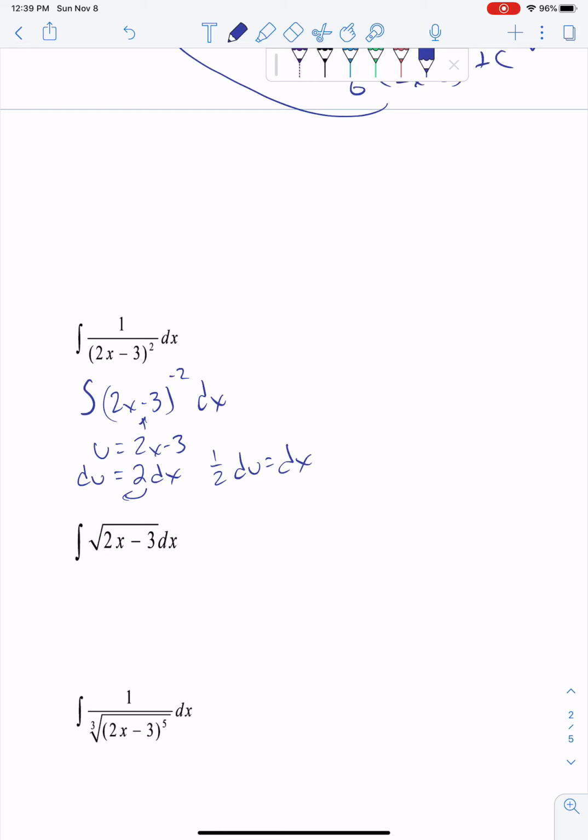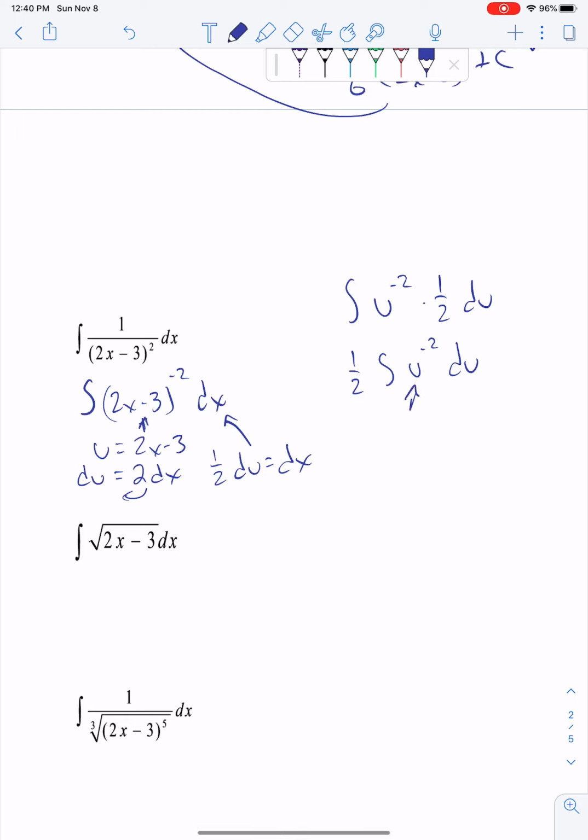So now I can plug this in for the dx, and I can plug this in for the u, or for the 2x minus 3, and now all I have to integrate is u to the negative 2, and this 1/2 du. I'm going to write it this way a few times, but that 1/2 we can put in front, right? So the integral of u to the negative 2 du. Now I use my simple integral rules.